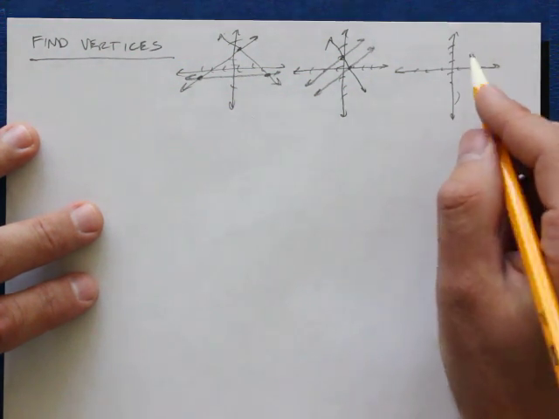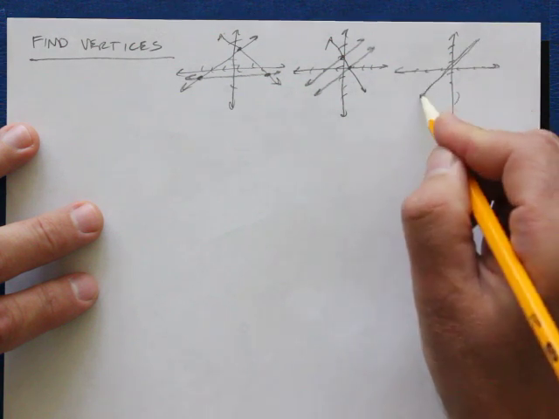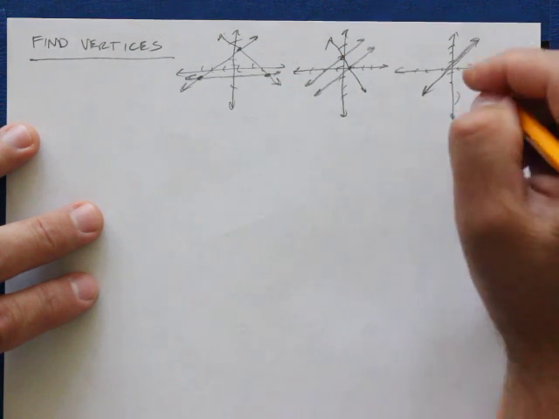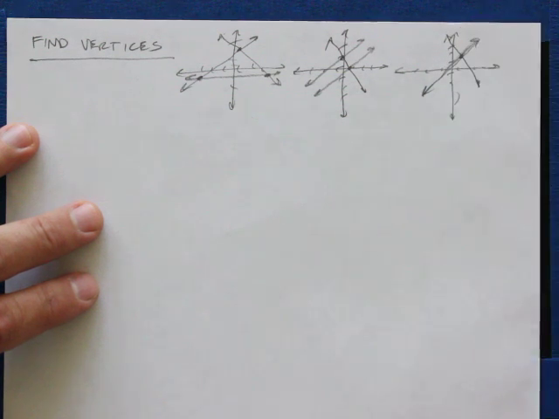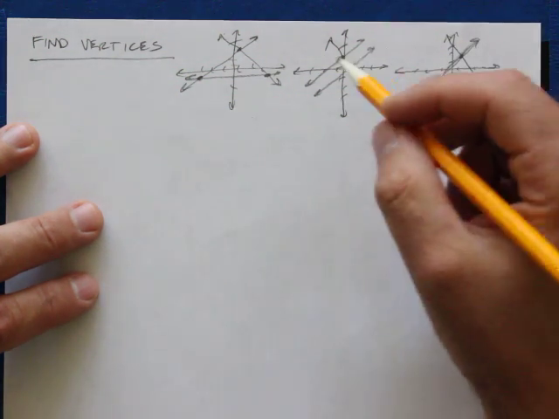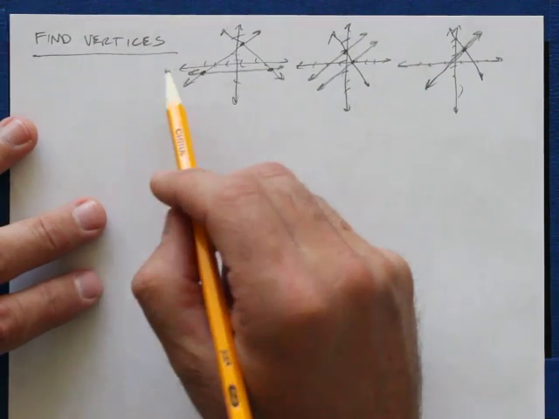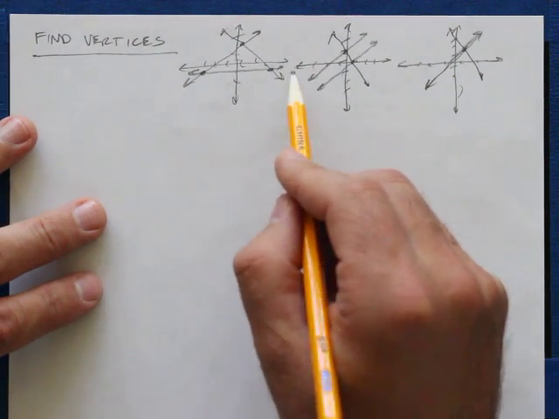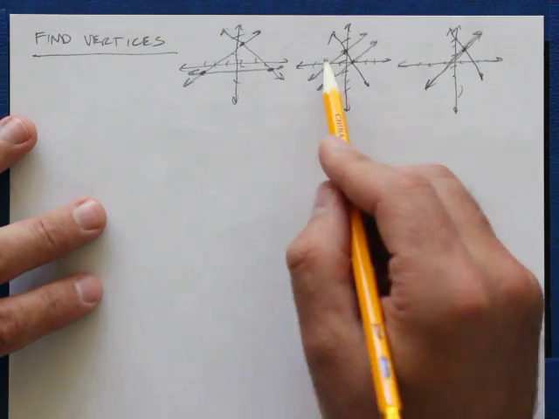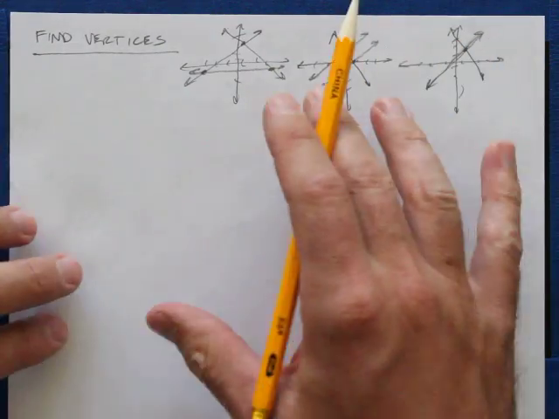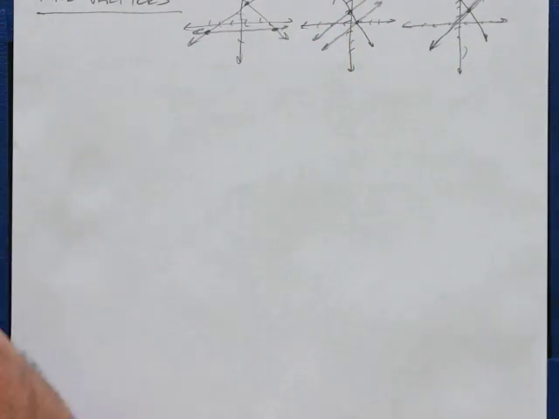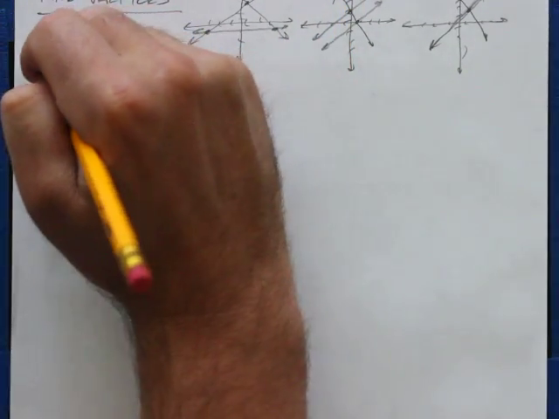We could also have 2 lines that are on top of each other and one that goes through like that, so we would just have 1 point of intersection. So there's a variety. When we're looking for vertices, that's where the lines are crossing one another. You might just have one, you might have a bunch, so we're going to go through and see how we might find this out. Here's an example.